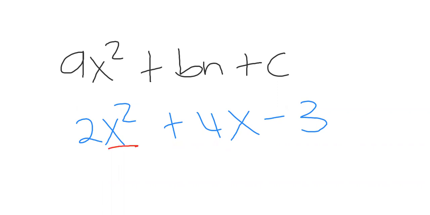If we look at the second term, the variable doesn't have a power. And if you look at the last one, which is our c, it doesn't have an x. So that's what a quadratic expression looks like.